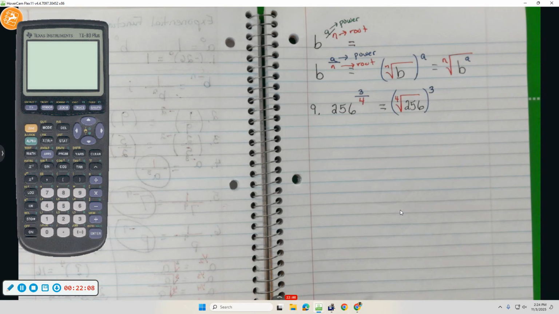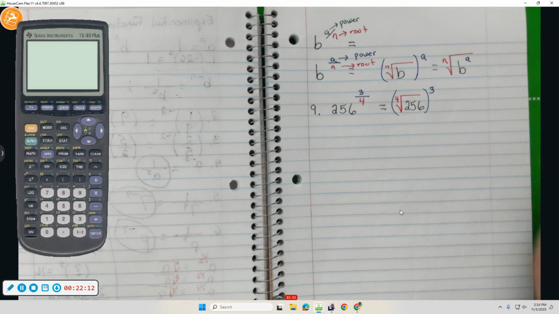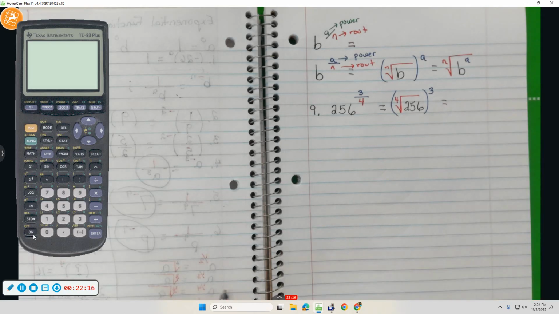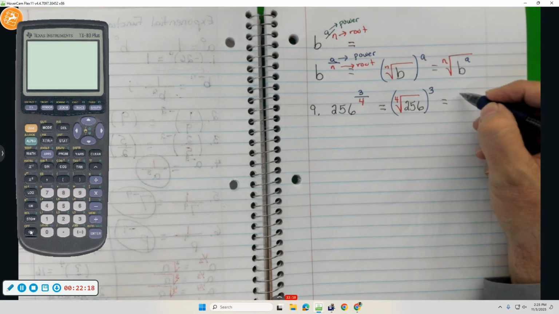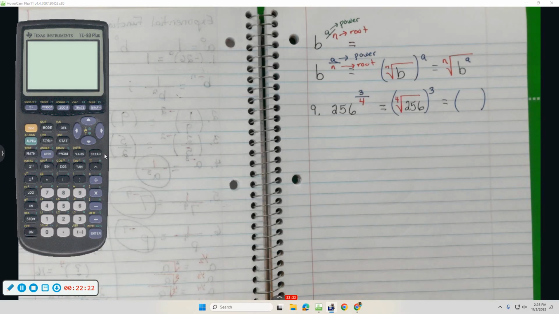You don't want to cube first. 256 times 256 times 256, that's going to give me something really large. So you're asking yourself, what number to the fourth power will give you 256?